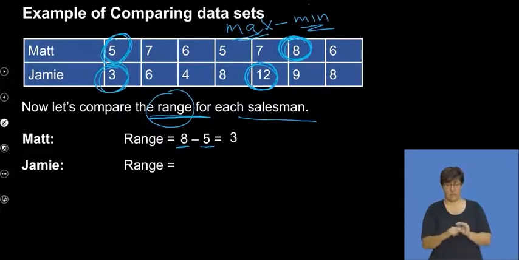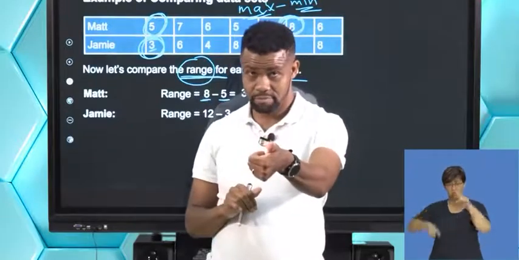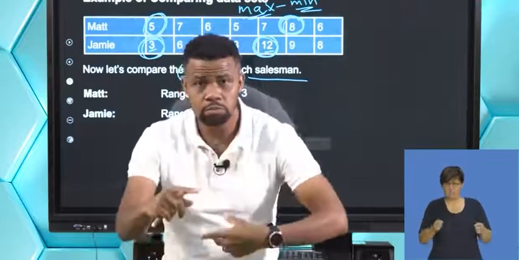So this will be 12 minus 3, which gives us 9. Okay? Matt's range is 3.